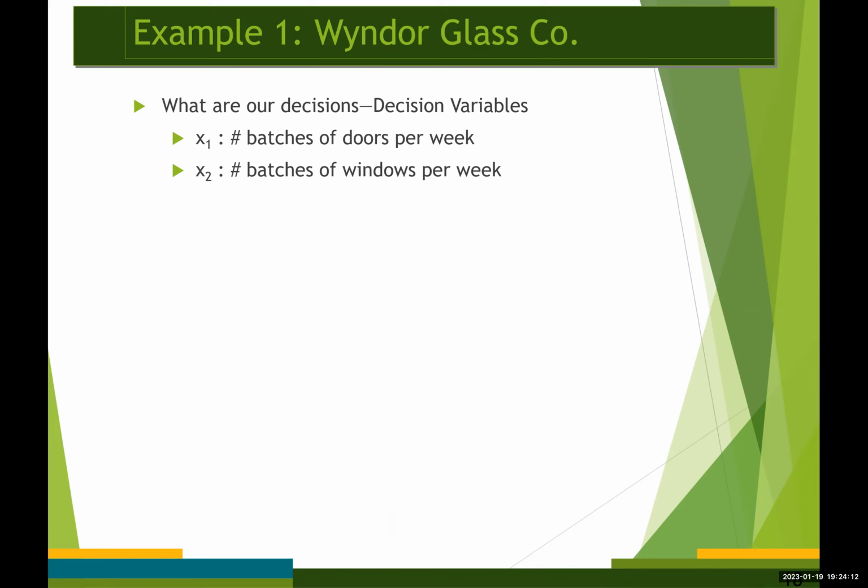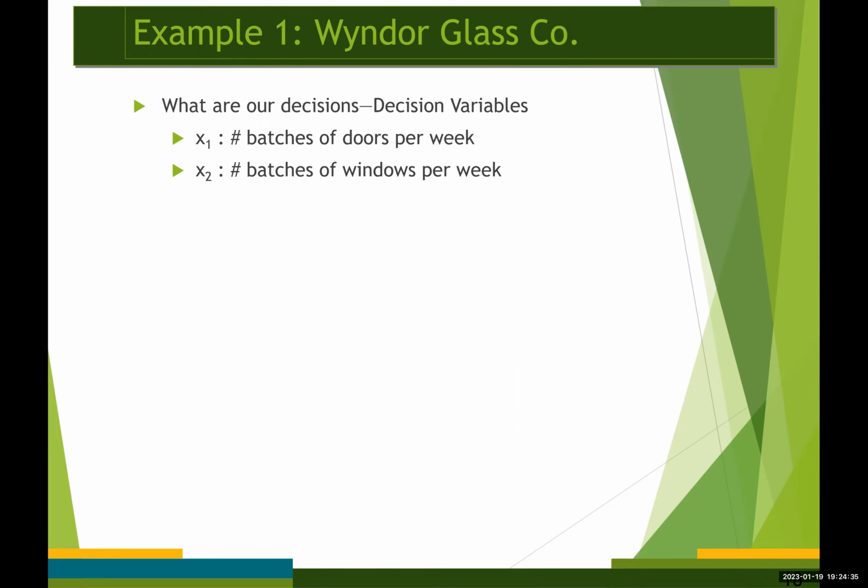This is what you must determine within the model. In any linear programming model, these decision variables should completely describe the decisions to be made.